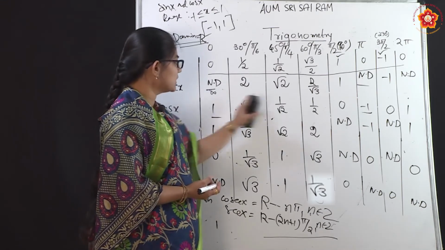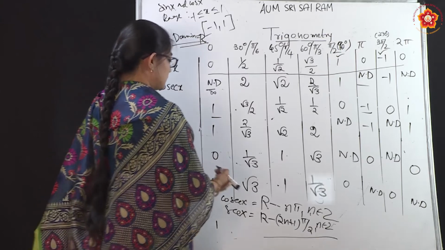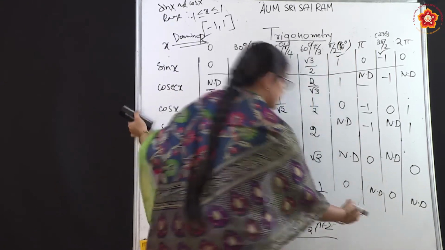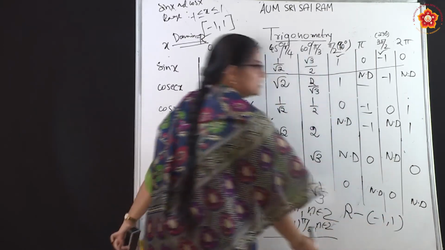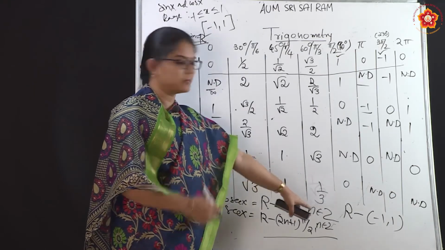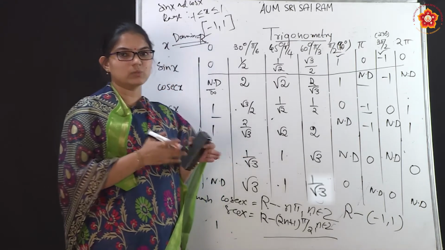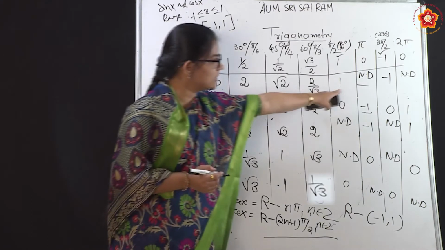So the range of cosecant x will be all the real numbers except the range from minus 1 to 1, which I represented using the open interval (-1, 1). Open interval means the end points minus 1 and 1 are not included, because we are getting 1 and minus 1 here.